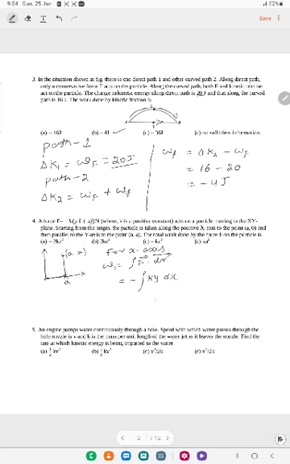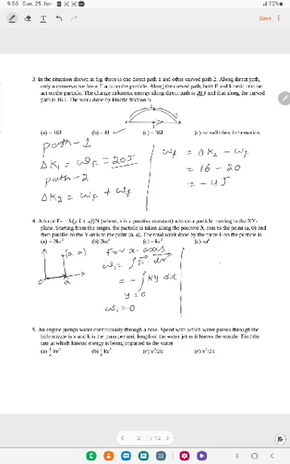While moving along the x-axis from O to A, the value of y is 0. When y becomes 0, W1 is also 0. So in bringing the particle from the origin to A, the work done will be 0.